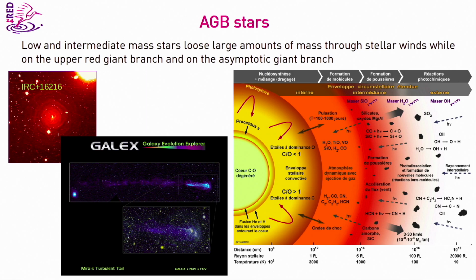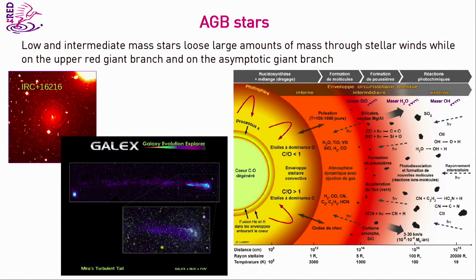And here you see all the material, kind of a coma, that is being expelled into the interstellar medium. Here, the resolution is not good, but it's another very well-known AGB star for which we have measurements of all isotopes for almost all elements. And you have the star, enshrouded in a dust snail-like, spiral structure.